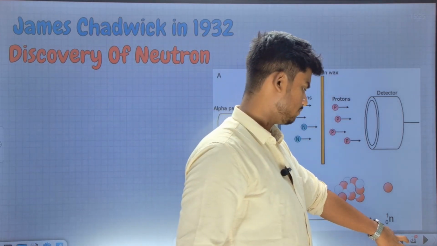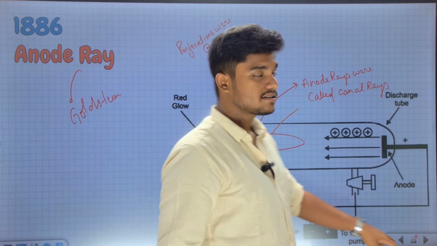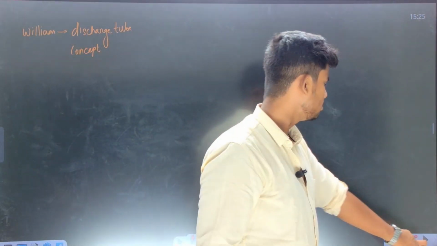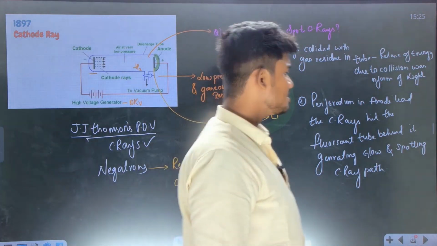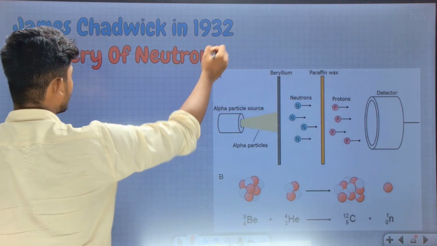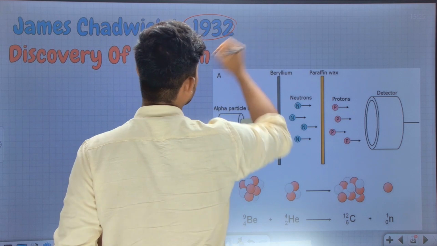As you can see, it was 1886 for discovery of anode rays, 1897 for discovery of cathode rays. Then why did it take so long that we had to wait till 1932 for discovery of neutrons?